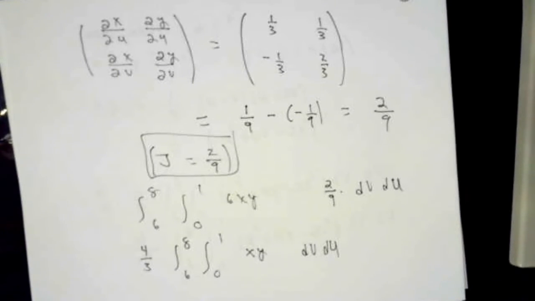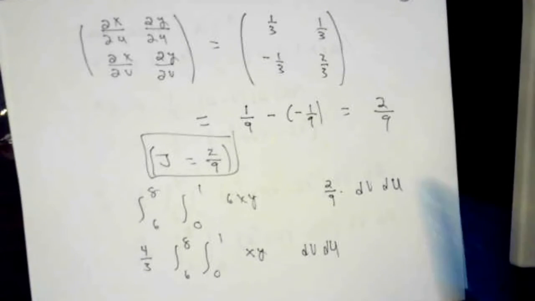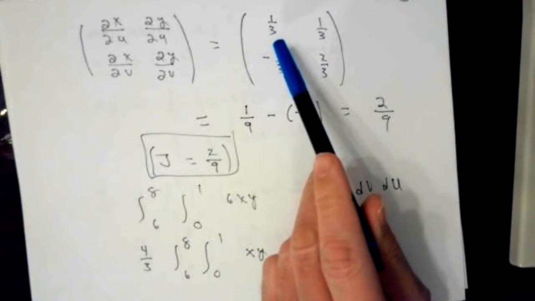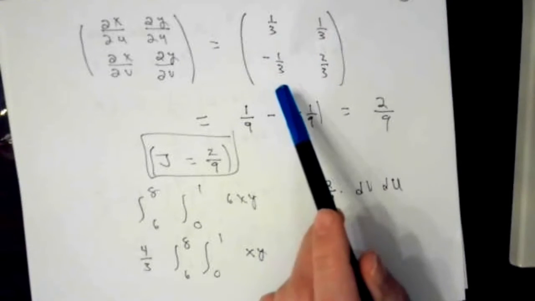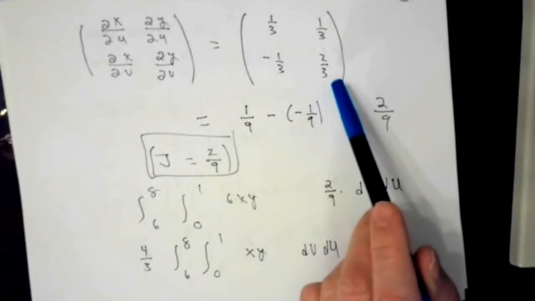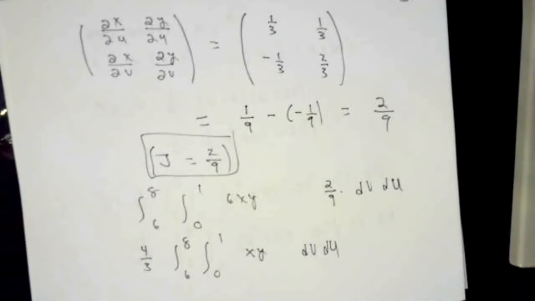If we form the matrix of partial derivatives of old coordinates with respect to new ones, it's direct to see in this case that the partial derivatives are one third, negative one third, and two thirds. If you take the determinant of that, it turns out to be 2/9.